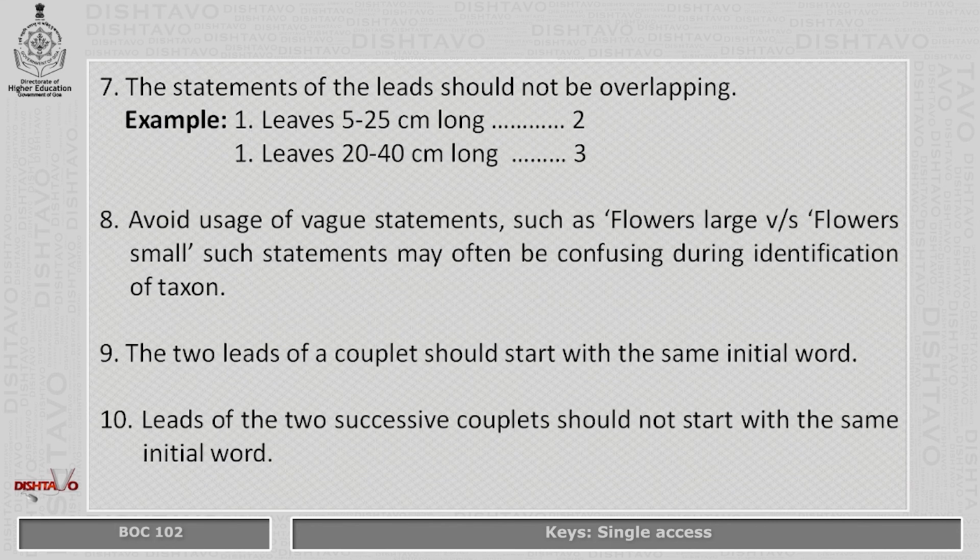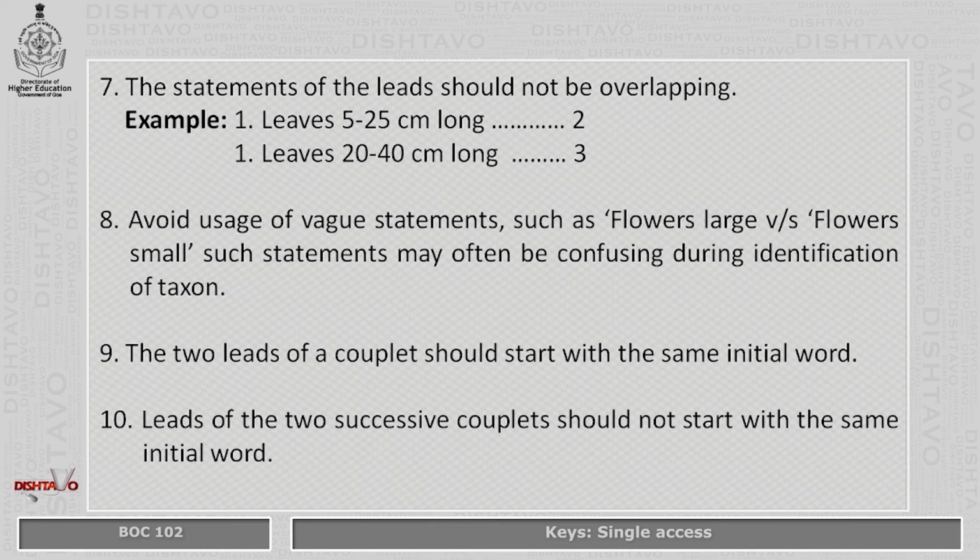The statements of the lead should not be overlapping. I have given example here where in a key, couplet is written in following manner. Leaves 5 to 25 centimeters long, leaves 20 to 40 centimeters long.